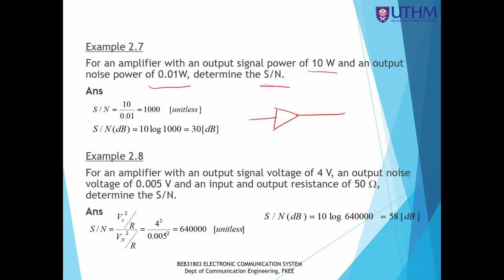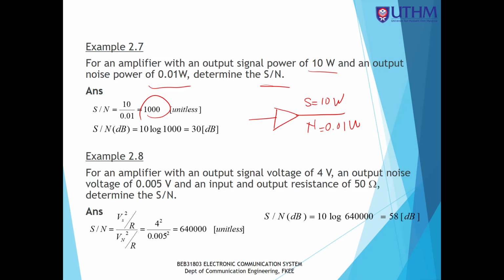The signal power S is equal to 10 watt, noise power is equal to 0.01. This one is at the output. So S over N, 10 divided with 0.01, so you get 1000.